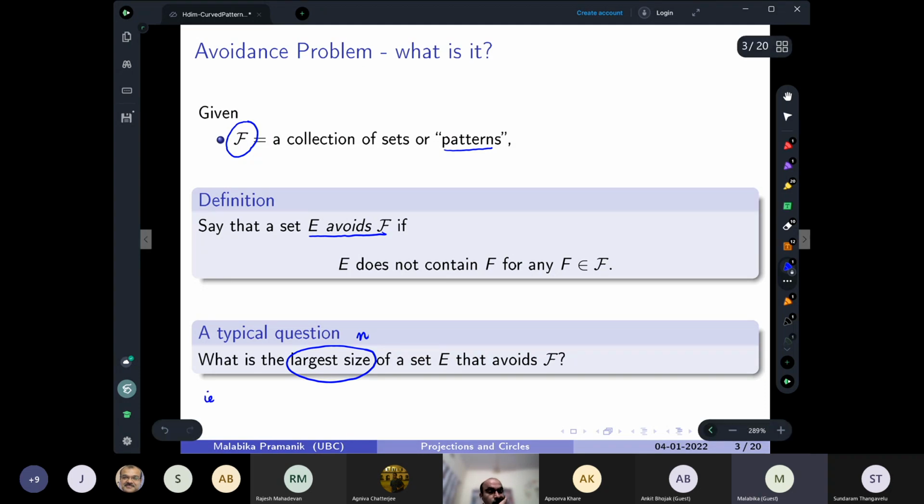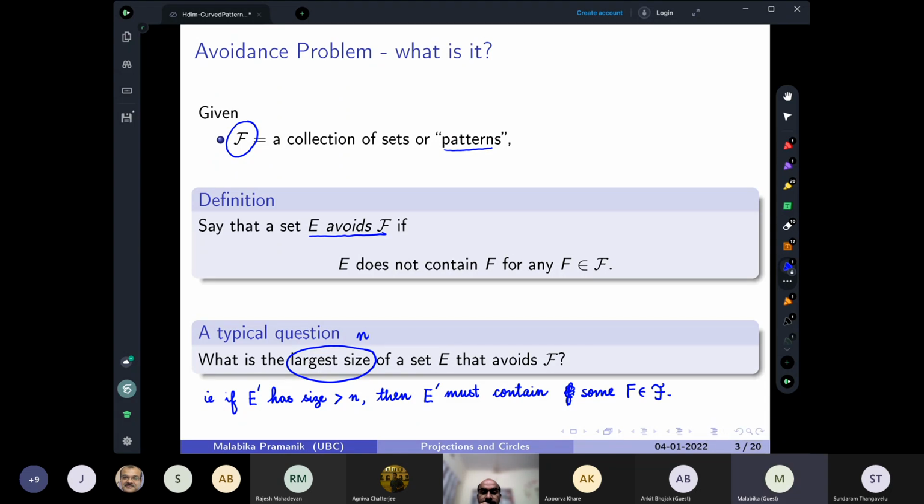What that means is that if E prime is a set that has size larger than n, then E prime must contain some member of script F. Now what is not clear right now is what exactly I mean by size.